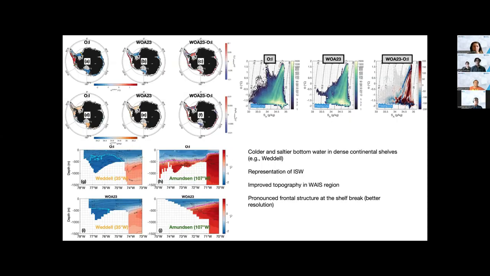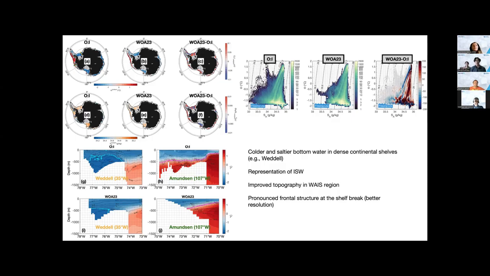So this is just a very brief comparison between our climatology and the World Ocean Atlas. I think the take-home message from these plots is that our climatology can well capture some of the key water masses present in the raw profiles, such as the dense shelf water that's been talked about before on the Weddell Sea continental shelf.